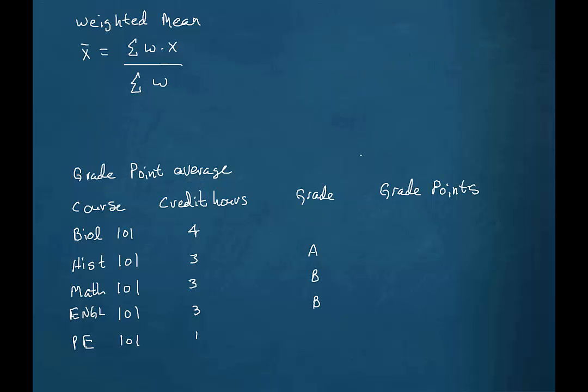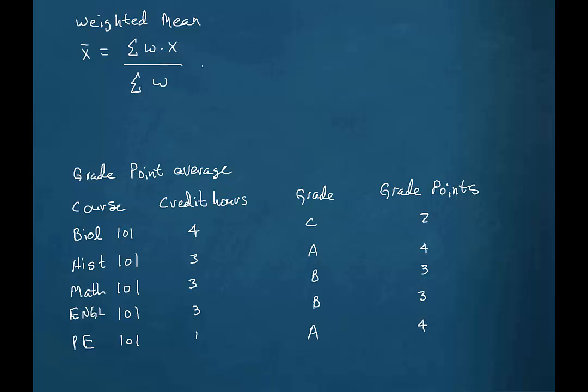So now let's look at what happens if we change one of these grades. Let's change the PE grade to an A and leave everything else the same. So the Biology grade stays a C and the PE grade becomes an A. So we still have 2, 4, 3, 3, and now 4.